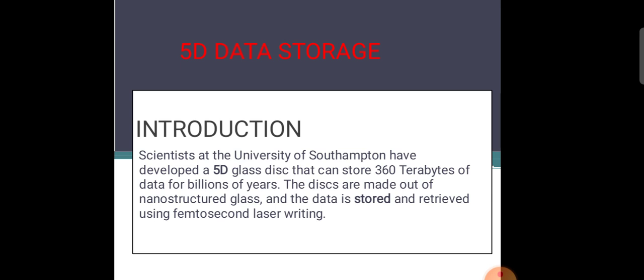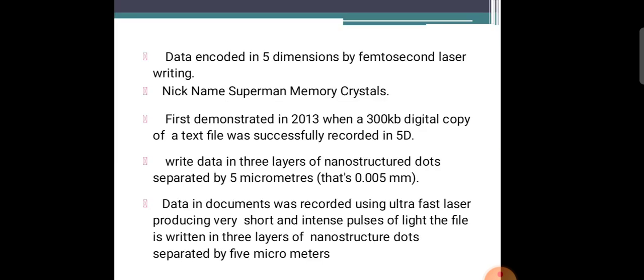The disks are made out of nanostructured glass and the data is stored and retrieved using femtosecond laser writing. Data is encoded in 5 dimensions by femtosecond laser writing. Nickname: Superman memory crystals.